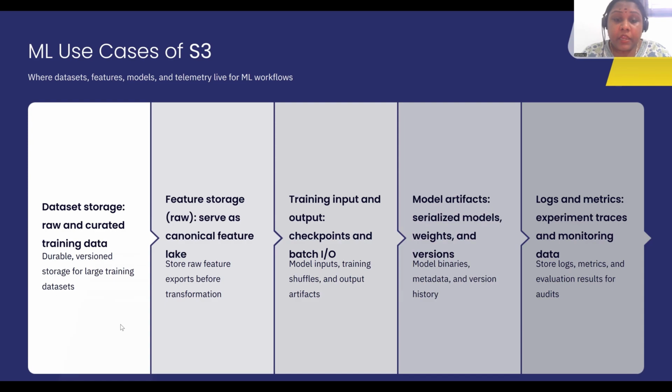And then training inputs, outputs, the metadata of the models, version history, everything are stored in S3. After the model is live, all the logs, metrics, experiment traces, all the monitoring data in short are stored in S3.